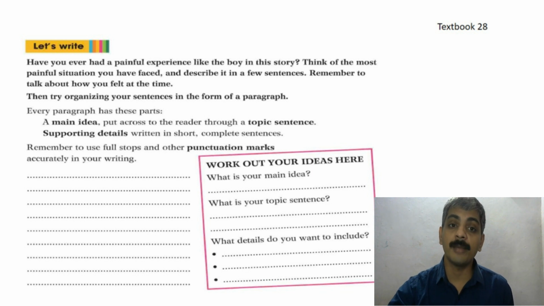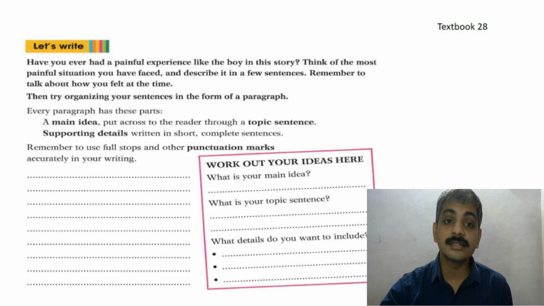Remember to talk about how you felt at the time. Then try organizing your sentences in the form of a paragraph. Every paragraph has these parts: a main idea put across to the reader through a topic sentence, and supporting details written in short, complete sentences. Remember to use full stops and other punctuation marks accurately in your writing.